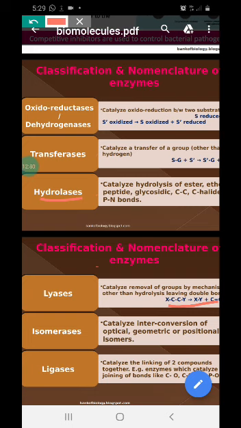They interconvert the optical, geometrical or positional isomers. Clear? And ligases. Lyases split, ligases attach. They catalyze the linking, meaning joining, of two compounds together. For example, enzymes which catalyze joining of bonds like C and O, P and O, etc. So you should know what the types of reactions are, and these examples you write here. Clear, children?